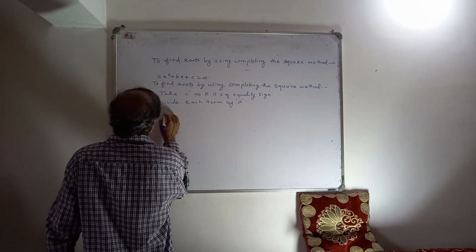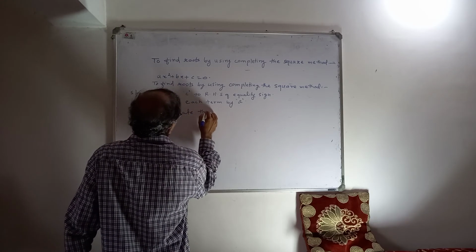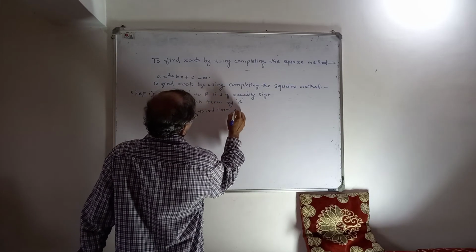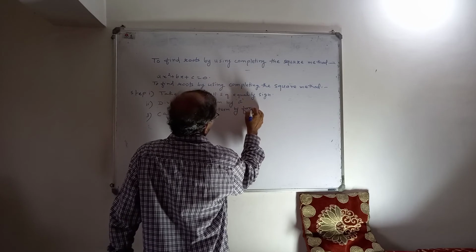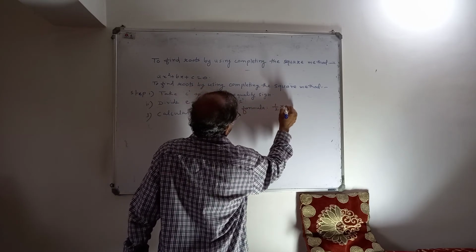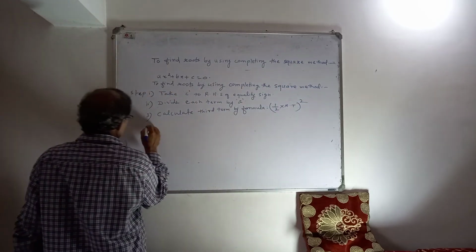Third, calculate third term by formula half into middle term whole square.